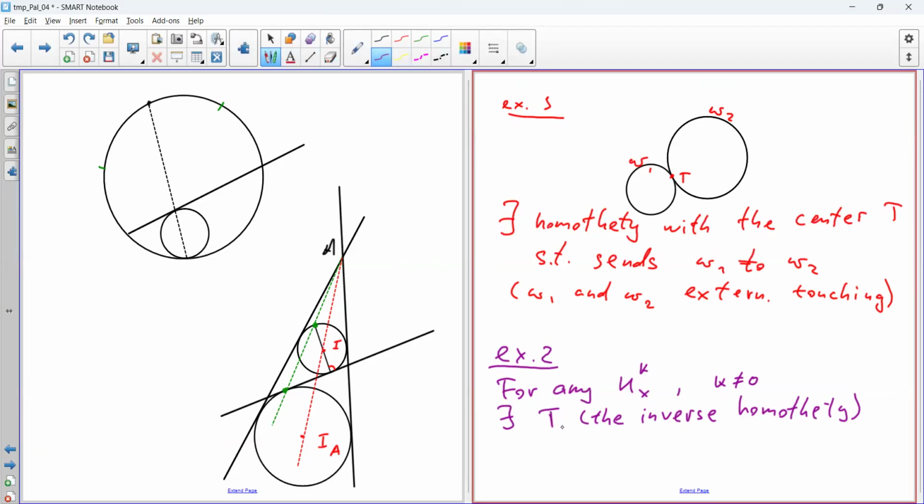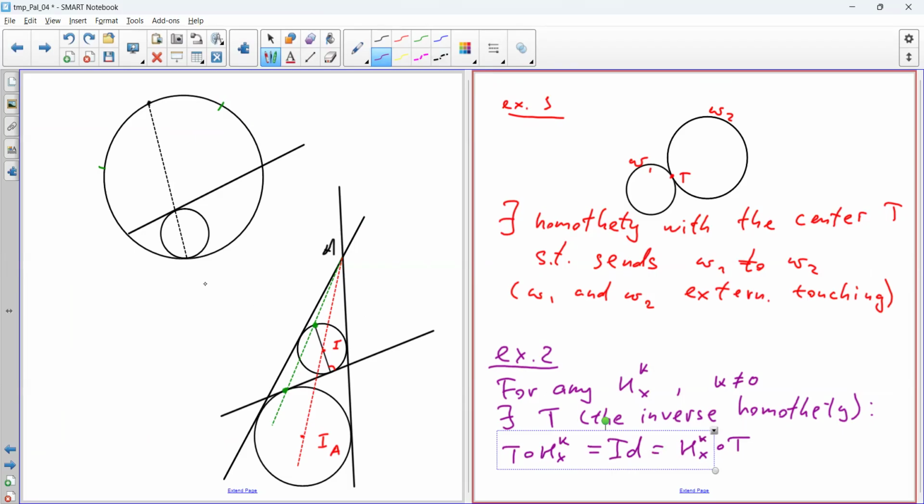So there exists t such that t applied after h equals id, and in the inverse order it's also id.